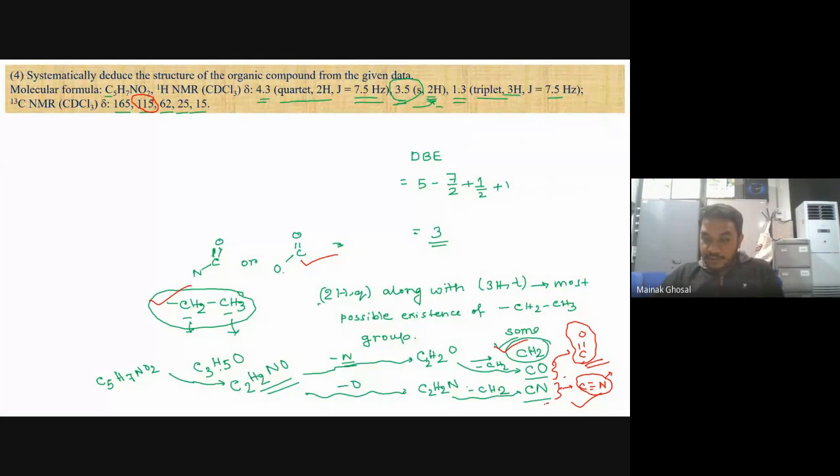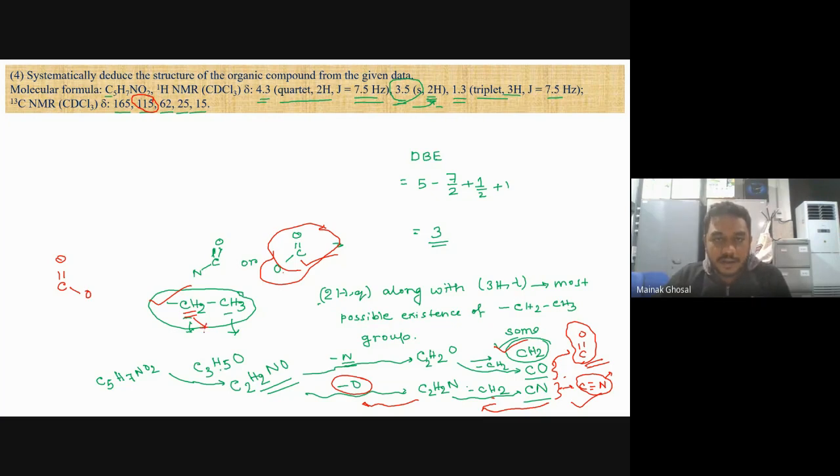Now going back to this one. If cyanide is present, what will happen? Cyanide is present, there is some CH2 there, and with the CH2 and cyanide gone, this carbonyl is attached to some oxygen, so this is the group. Now I have deduced that this is the group. So what I have is C double bond O. Now you see this ethyl, what is this value?